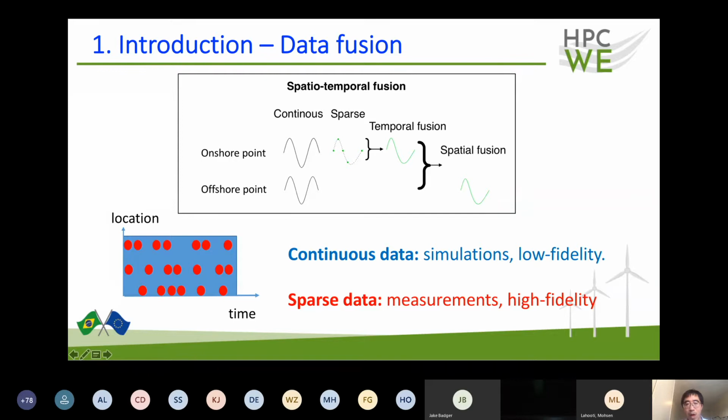This is because our sparse data, which means the LiDAR or mast measurement, does not span a long time. We may need 10 years of data, but the measurement may be only for several months or weeks, and it is also intermittent. So by this technology, the temporal fusion, we can obtain a continuous onshore data.